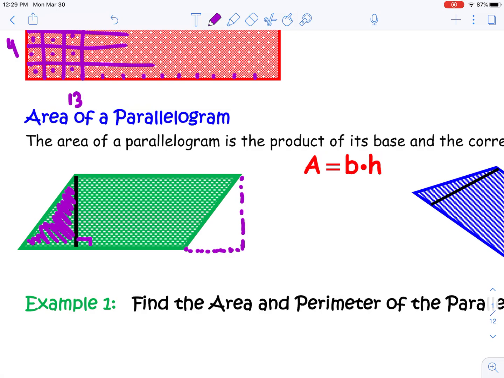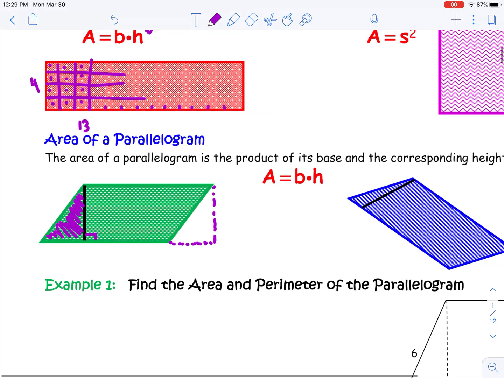And what you'll notice is the base of that particular figure doesn't change. We just cut off the slanted bit, and the height doesn't change. So really, we're just rearranging the figure in order to get a rectangle, which means the area of a parallelogram is also just base times height.